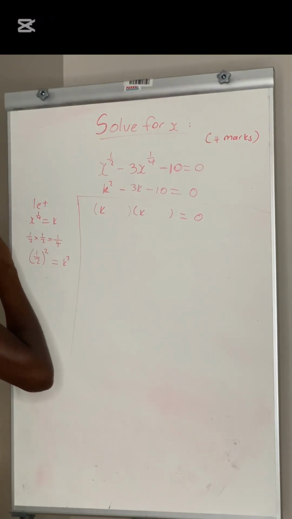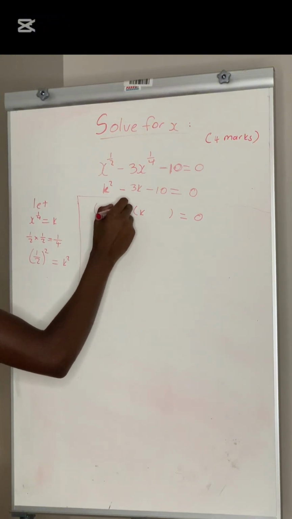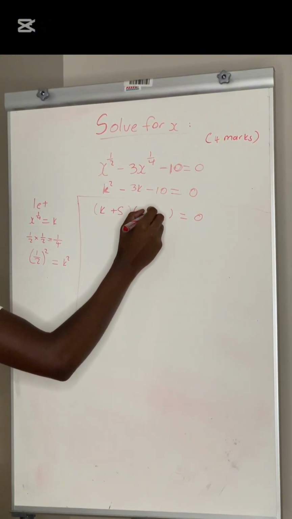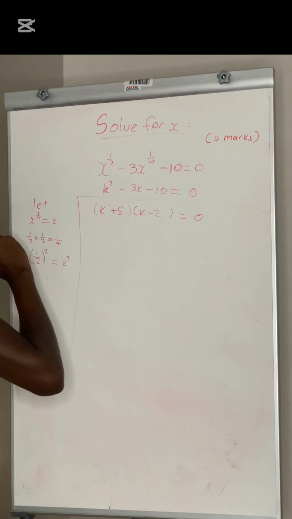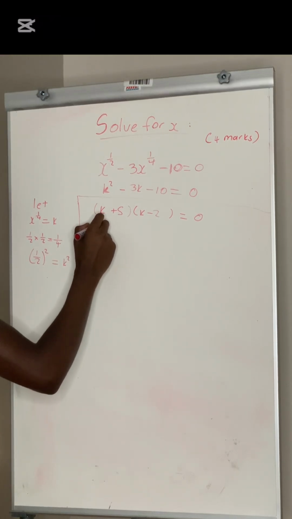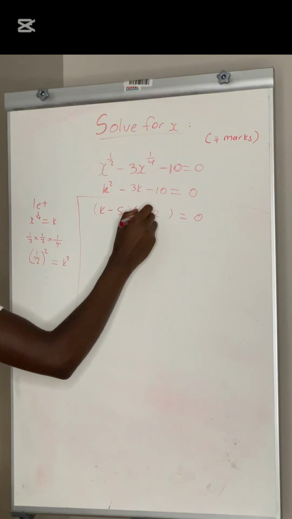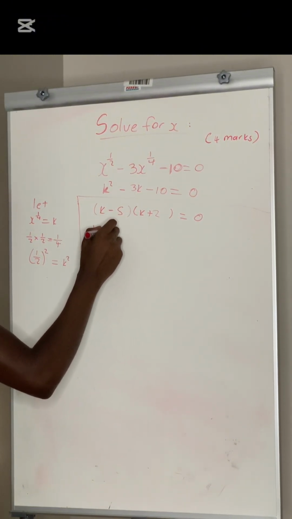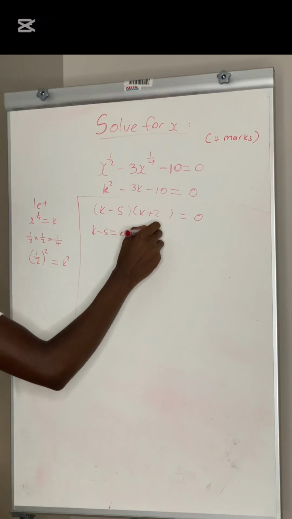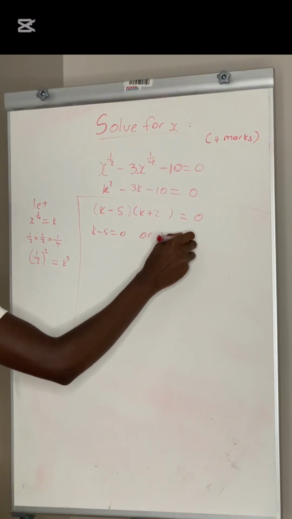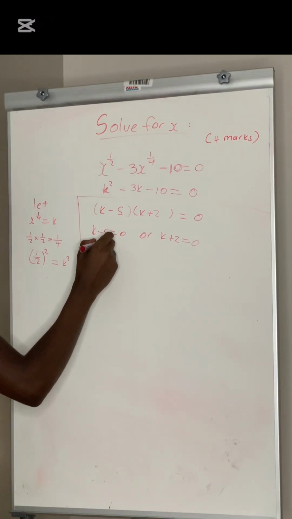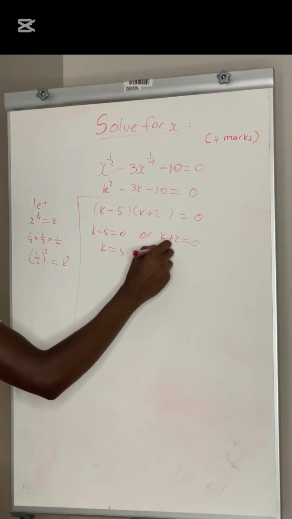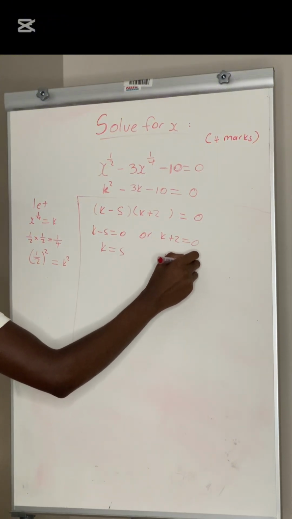The factors of 10 that are going to work for us are positive 5 and negative 2. Sorry, my mistake, it's going to be negative 5 and positive 2. So you can say k minus 5 is equal to 0 or k plus 2 is equal to 0. And then solve for k. k is equal to 5, k is equal to negative 2.